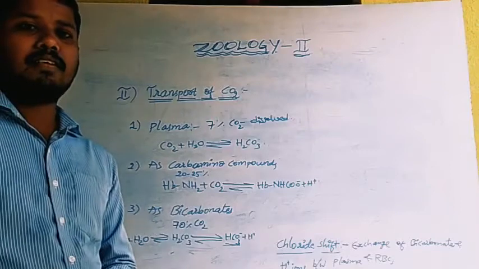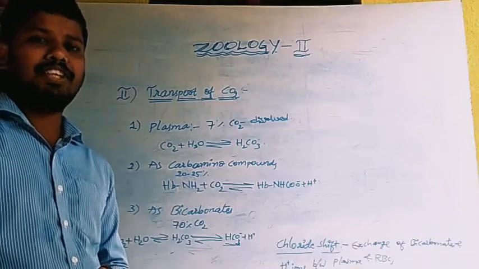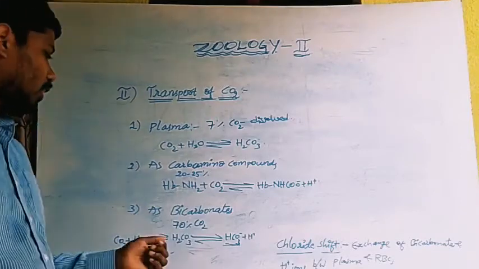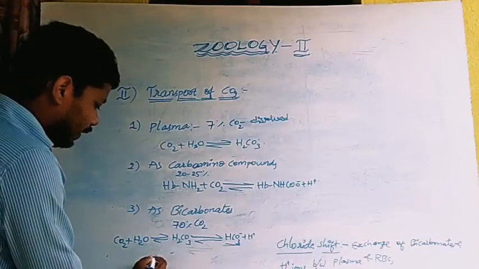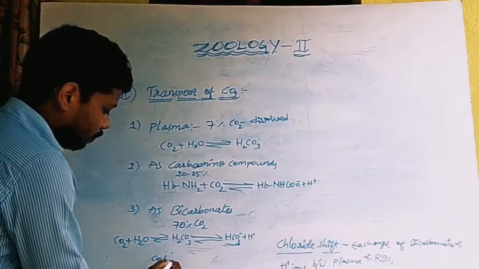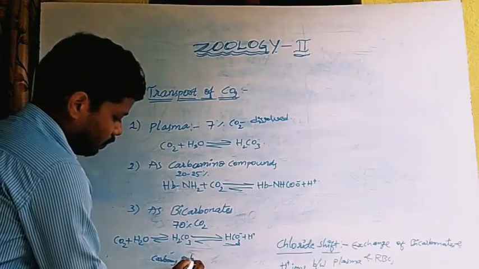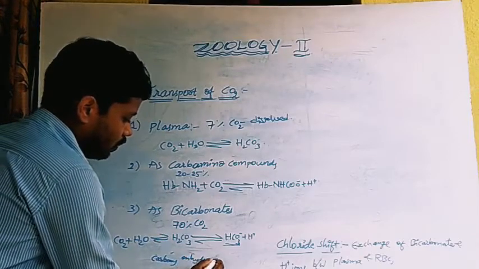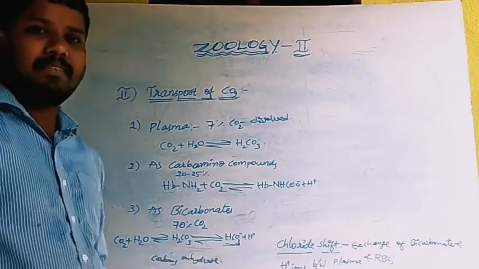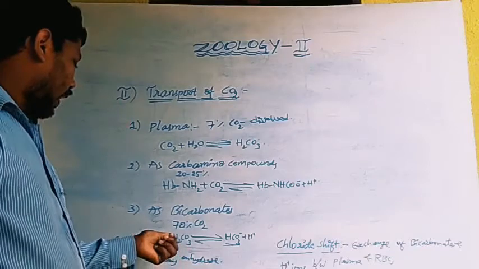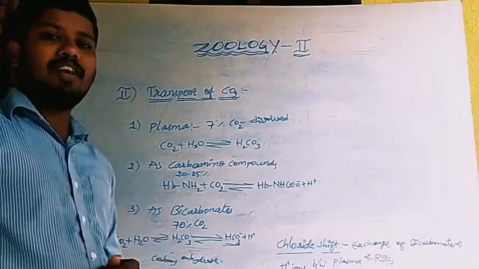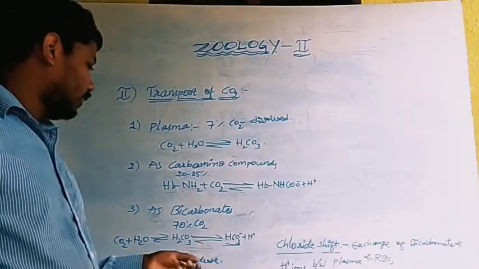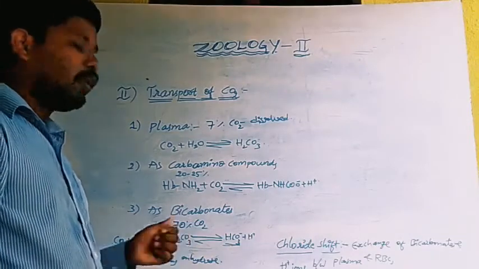RBCs contain a high concentration of an enzyme called carbonic anhydrase. This enzyme acts on the carbon dioxide and water molecules and converts them into carbonic acid.